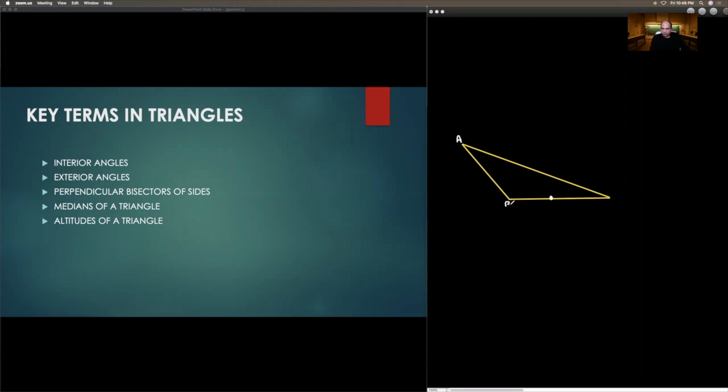Let's call this the triangle ABC. So on the side AC, the perpendicular bisector will pass through the midpoint and go straight up that way, right?